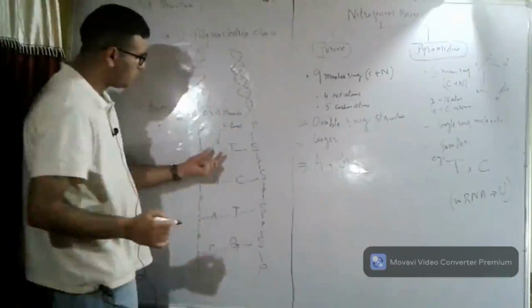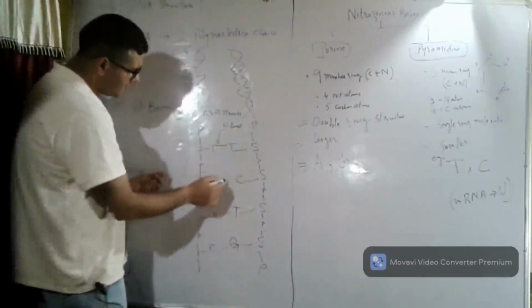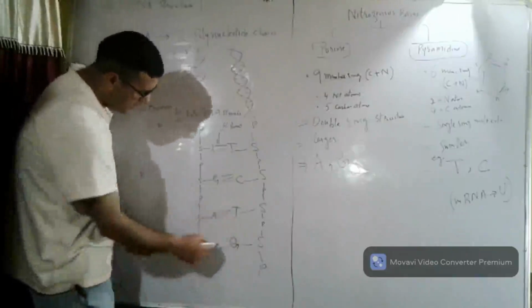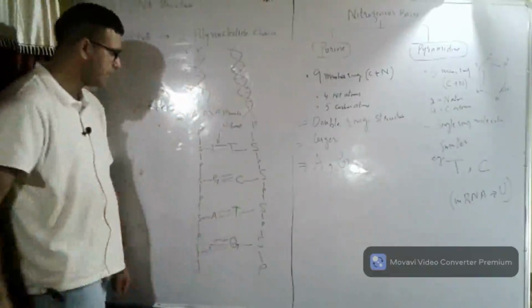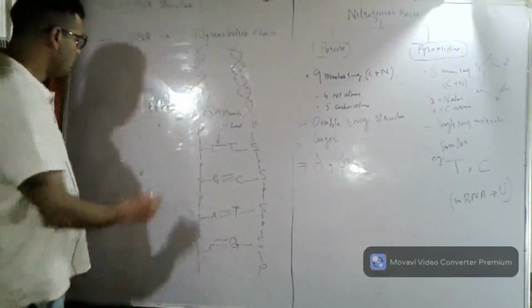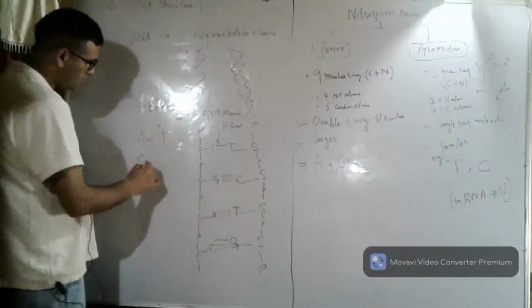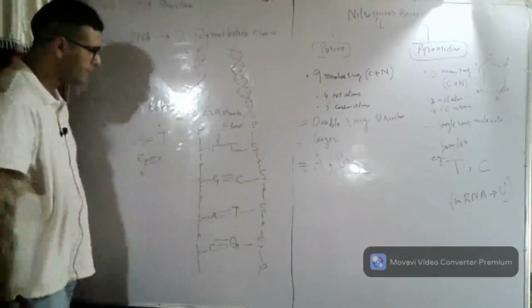There are 2 hydrogen bonds between adenine and thymine, and 3 hydrogen bonds between guanine and cytosine in a DNA molecule.